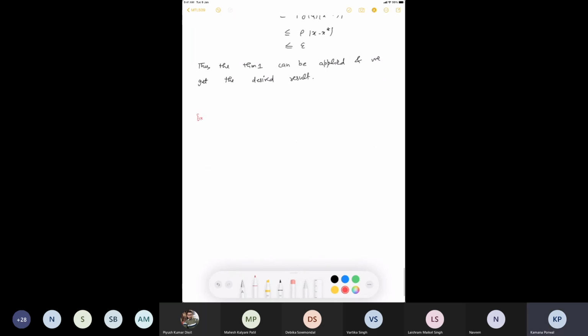I'm going to take the same example with a equal to 3, so we have f(x) equal to x square minus 3, and we have to solve this equation, and we know that the root is 1.732, which is root 3.